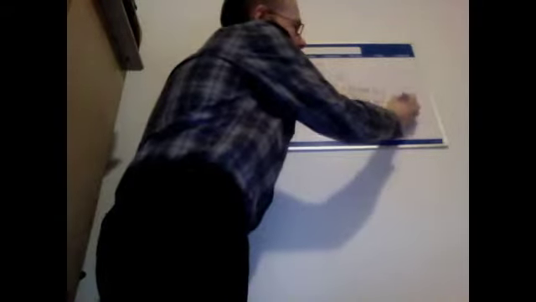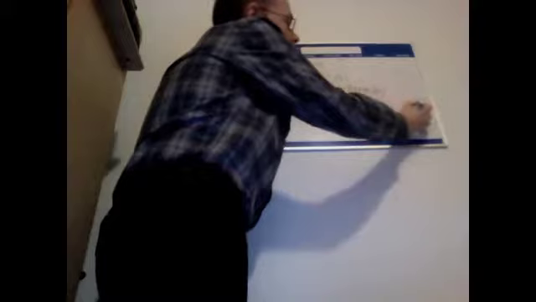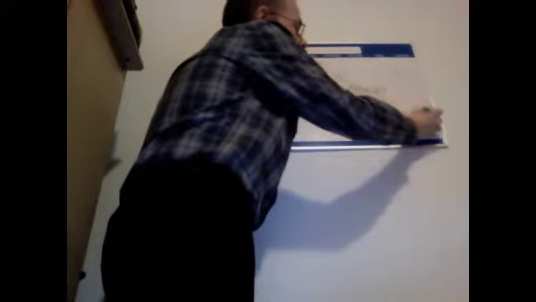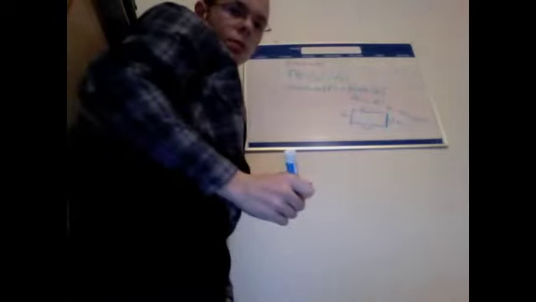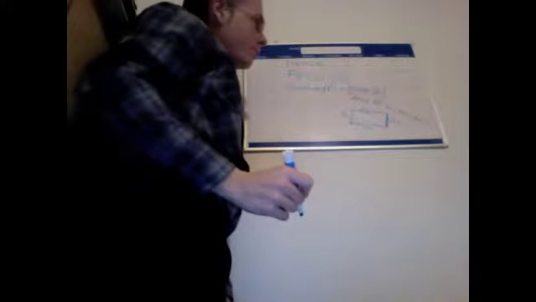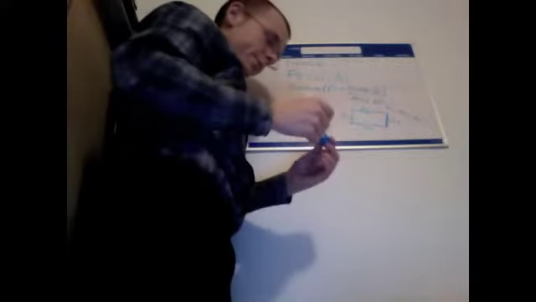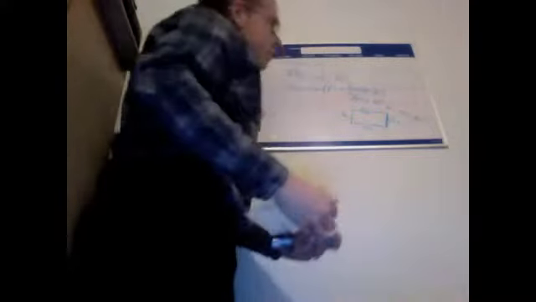So, in essence, since we have 2 of each, the area then becomes meters times meters, which equals meters squared. That's why we represent it that way. Okay? So, let's do an example.